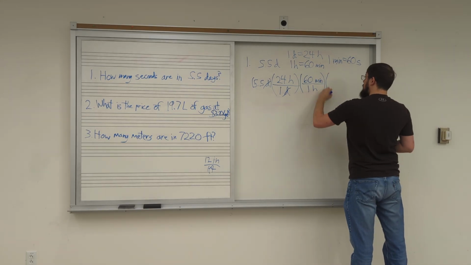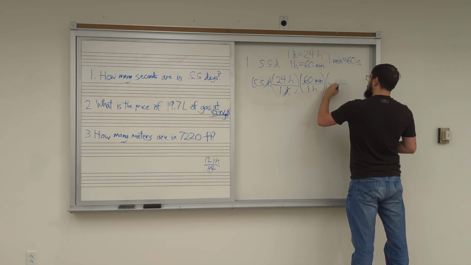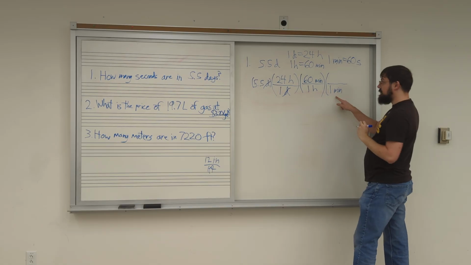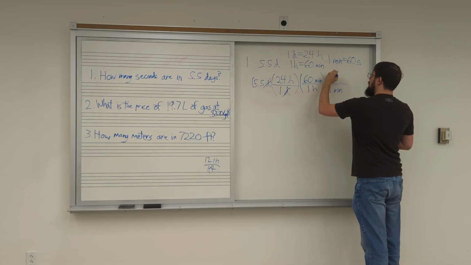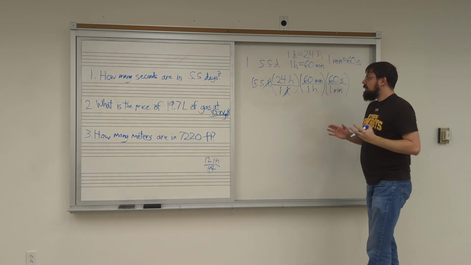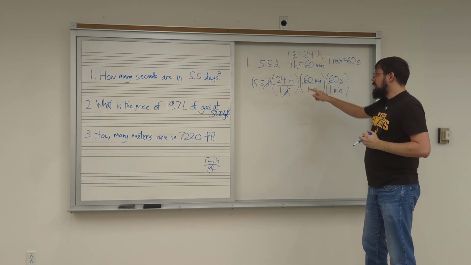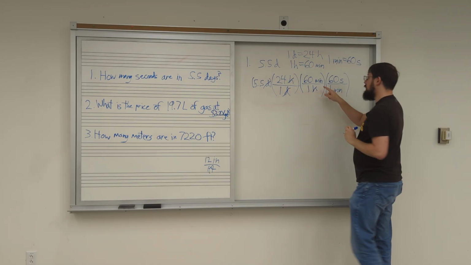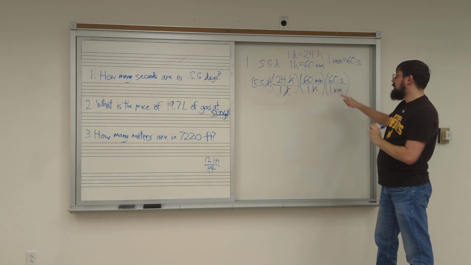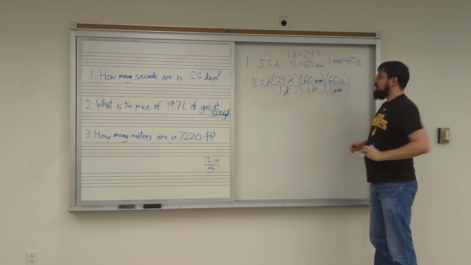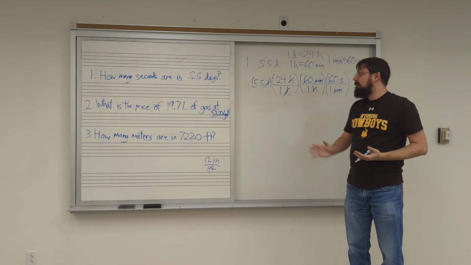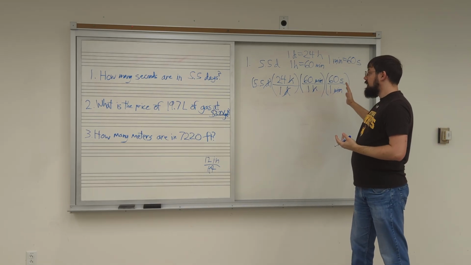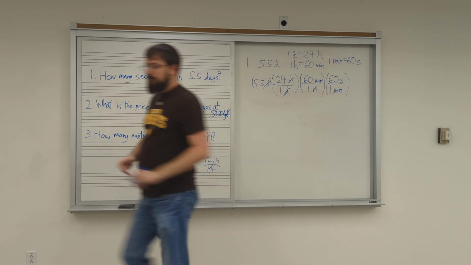So minutes on top here, we're going to have minutes on bottom here, and 1 minute is 60 seconds. So if we look at where our units are, hours on top here cancels out with hours on bottom here. Same thing with minutes on top here, minutes on bottom here. So what this is ultimately going to give us, if we multiply all the way through here, is an answer in seconds.